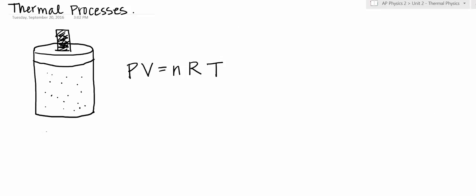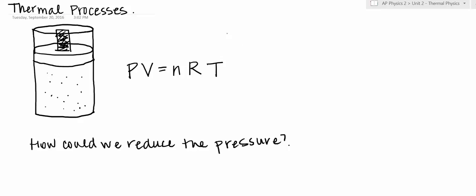How could we reduce the pressure? We could raise the piston, which would be expanding the volume, so we could increase the volume.